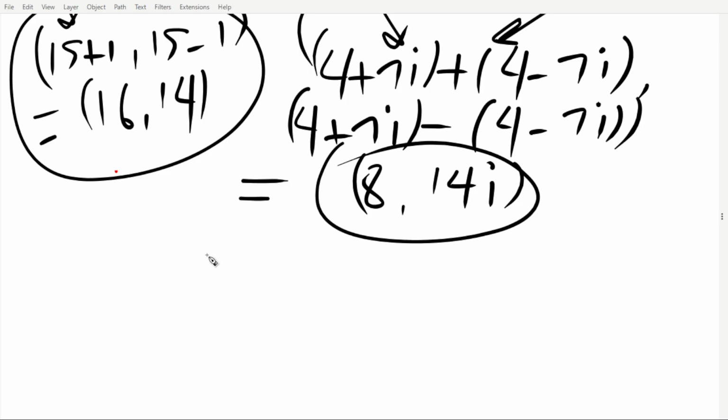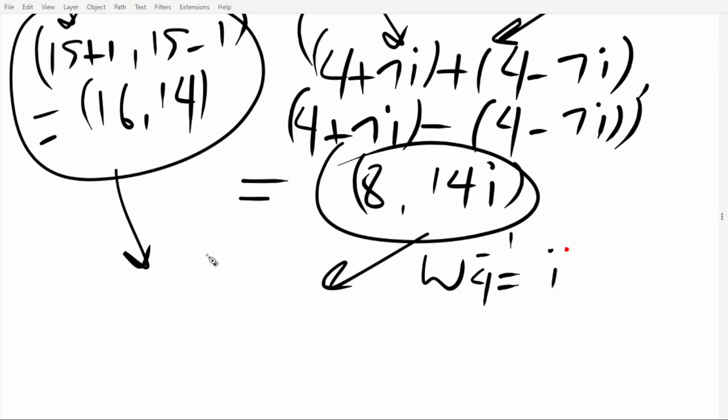Now we have to combine the two. Again, just remember the change. We have to use omega 4 to the power minus 1. Omega 4 is i, to the power minus 1 is minus i. This is the change. So here again the idea is the same. We have to combine 16, 14 with 8, 14i.